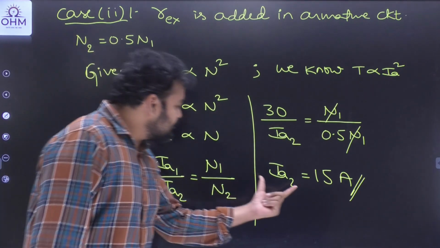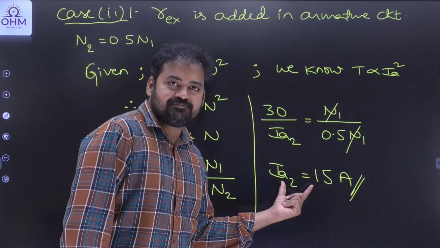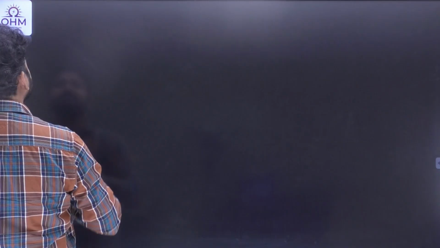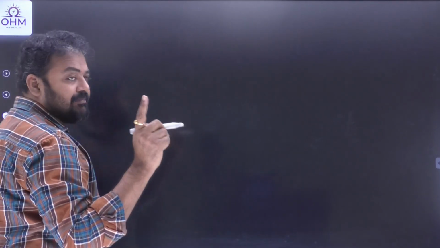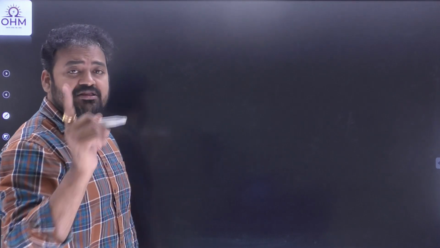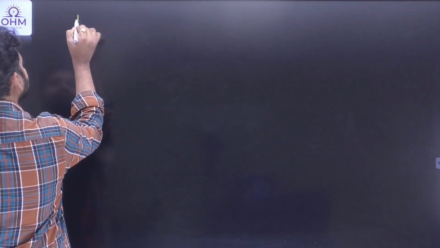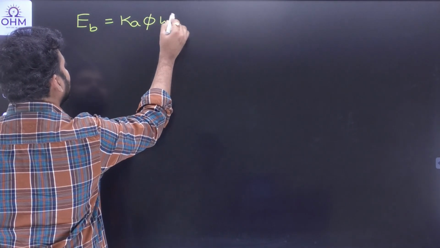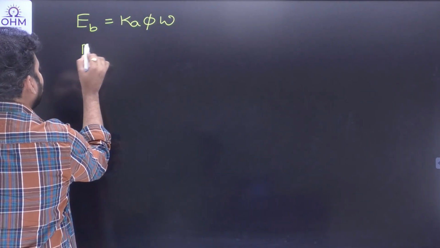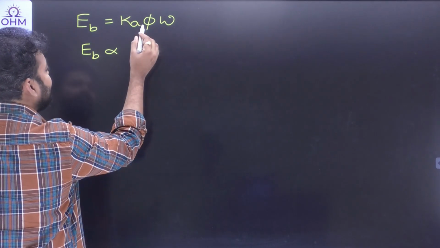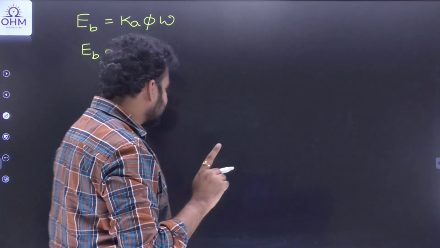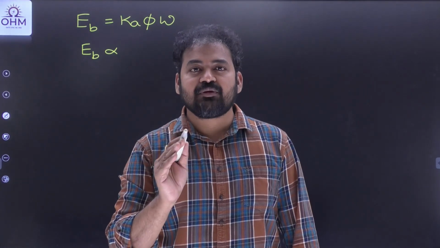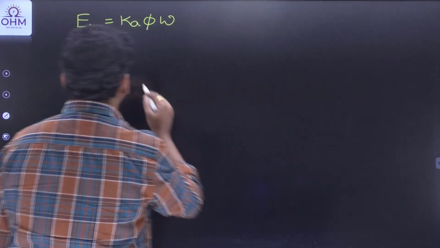Now using this new armature current, let's calculate the new back EMF. I have two formulas for back EMF. One is KVL equation, another one is performance equation. So I will first use the performance equation, Ka phi into omega. Therefore, back EMF is directly proportional to, remember guys, this time flux is not constant. It's a series motor. In a series motor, flux is proportional to armature current, right?